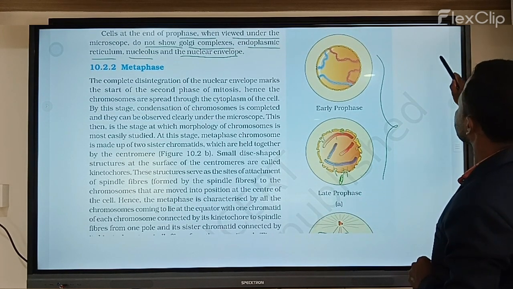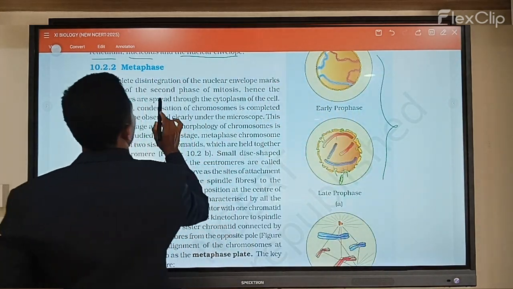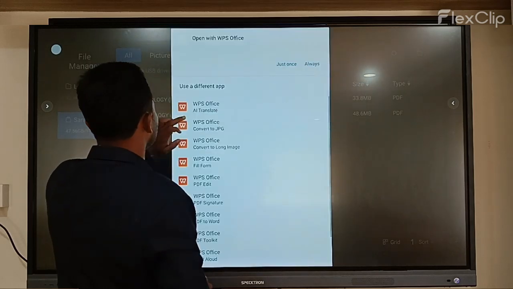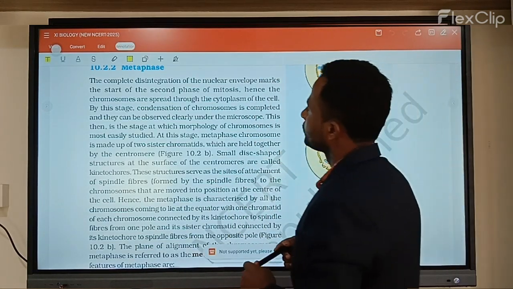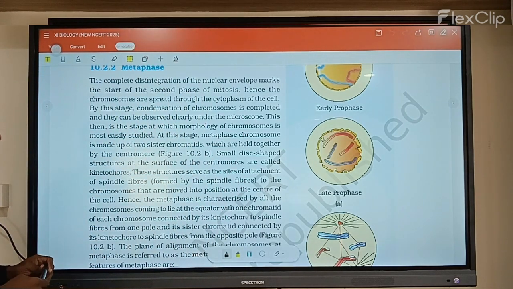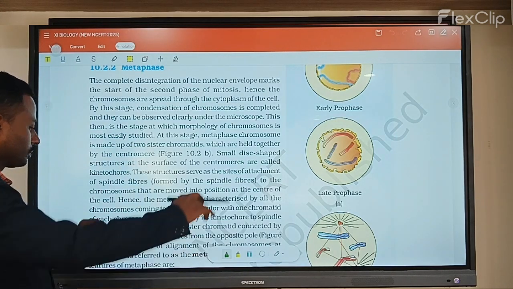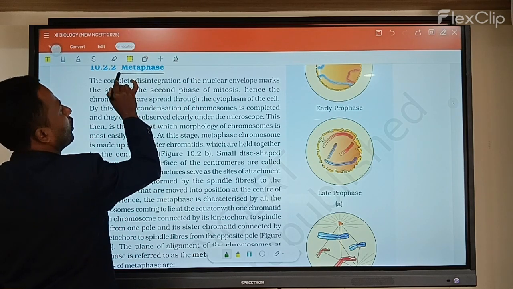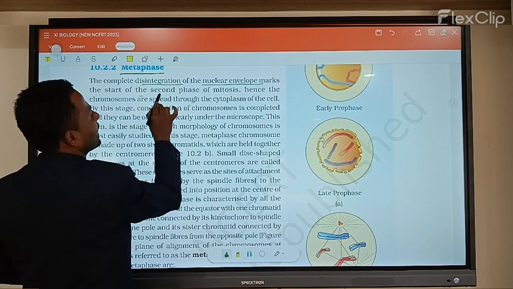So in this metaphase, the complete disintegration of the nuclear envelope marks the start of the second phase of mitosis.